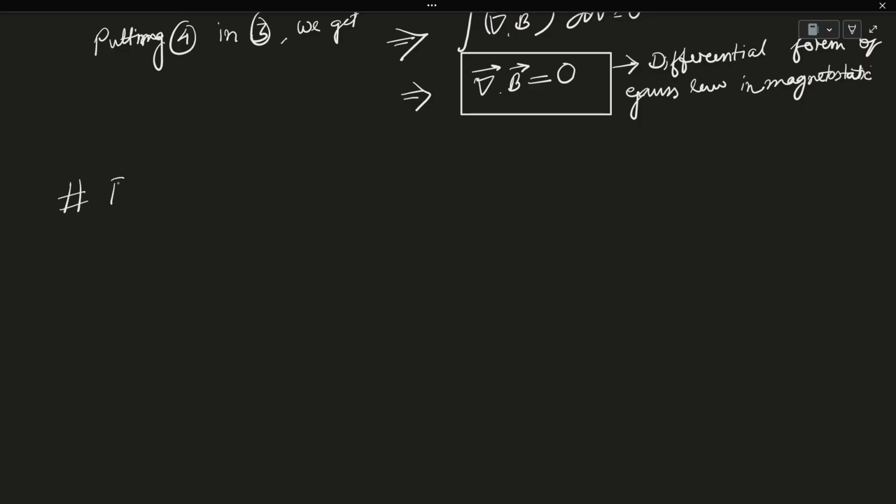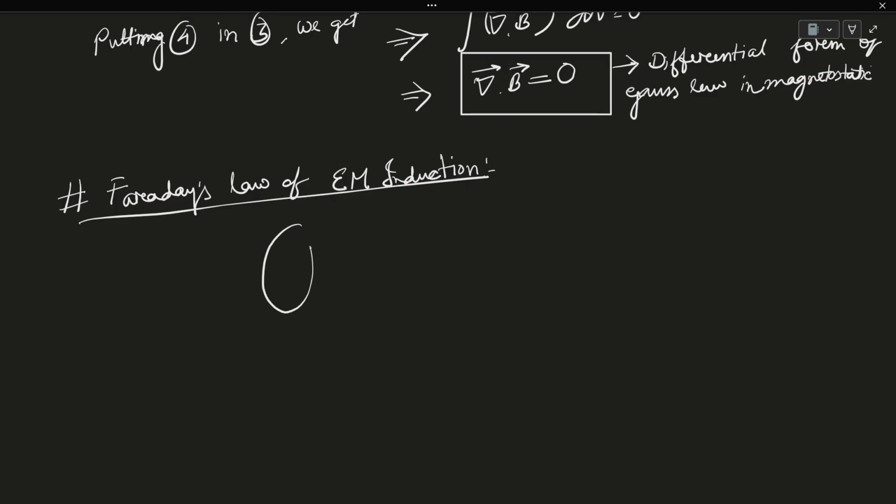Faraday's law of EM induction. So now what do you know? If this is a closed loop, okay, this is a closed loop.